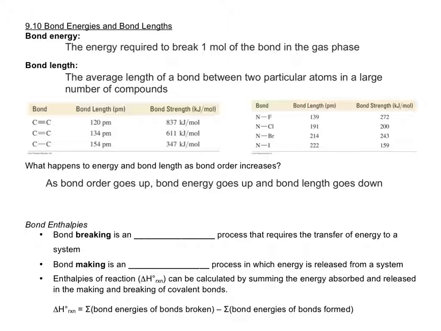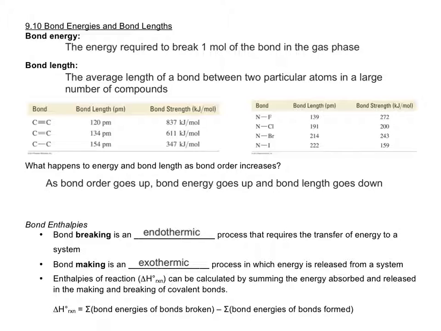And we've talked about in the past that bond breaking always requires energy, which means that it's an endothermic process, and bond making, or forming bonds, is a process that releases energy, so it's going to be an exothermic process.